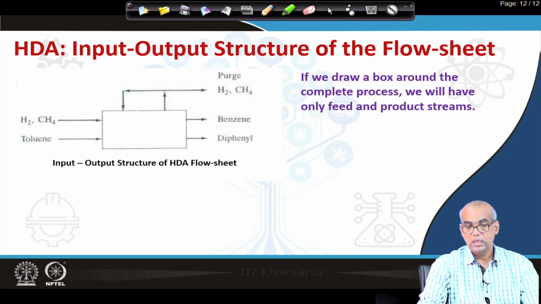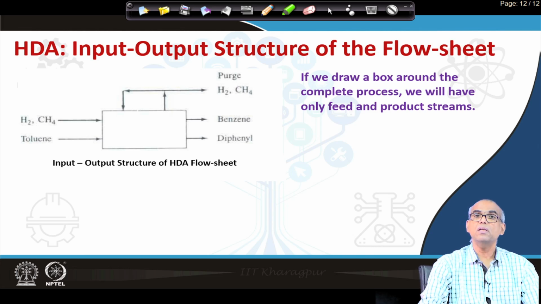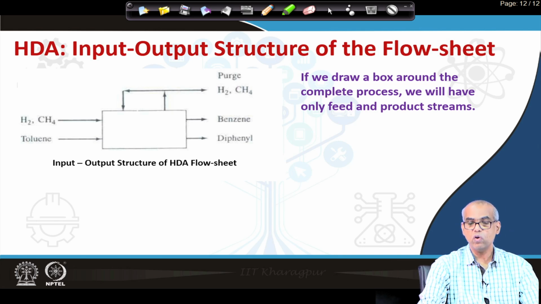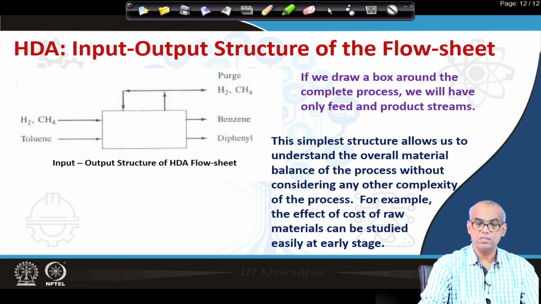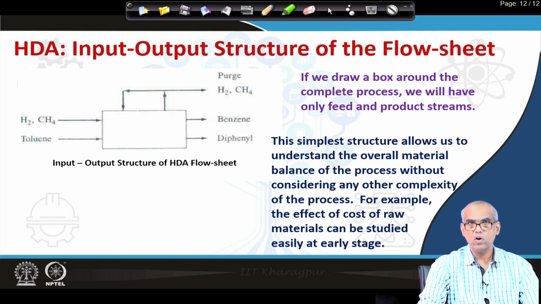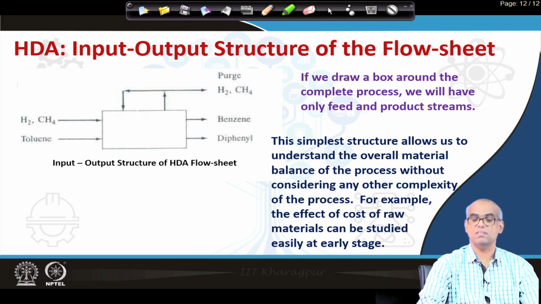Now, if we draw a box around the entire process, what we will have is the raw material inputs that go to the process and the products and byproducts that come out of the process. So, we will only have feed and product streams, and this is what you see on the screen now. This simplest structure will allow us to understand the overall material balance of the process without considering any further layers of details.